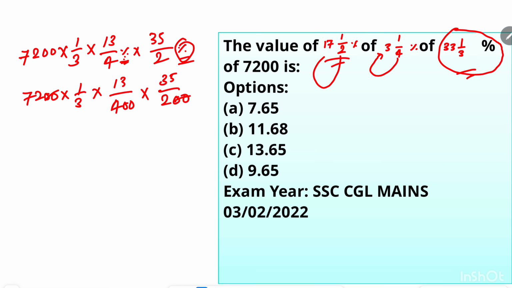And then if you see, if you multiply these 4 and these 3, how much will it be? 12. And if you divide 7200 by 12, it will be divided 6 times, right?